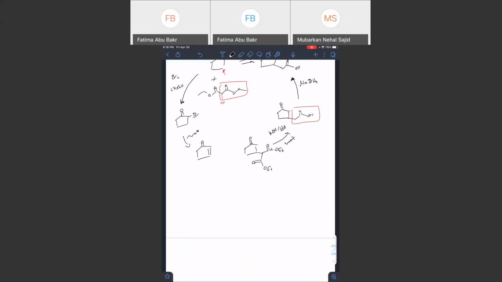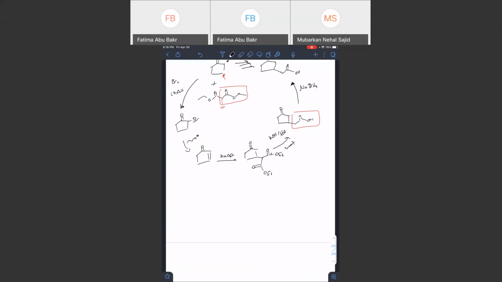Now, from this position, he just used one more base, but I'm using that other molecule with another strong base to get that to attach.